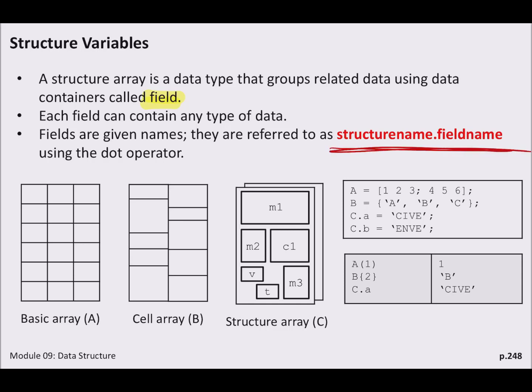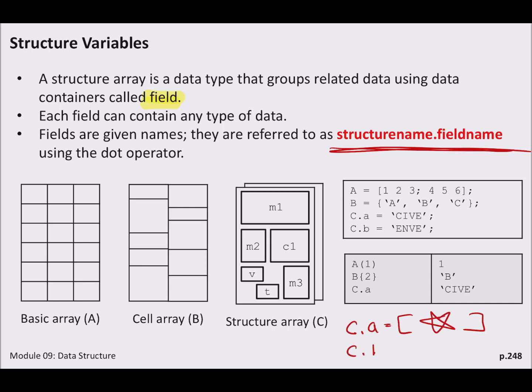For instance, A is a matrix, B is a cell array. For instance, C.A, you can store something.